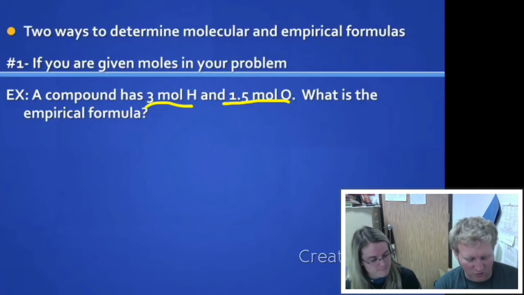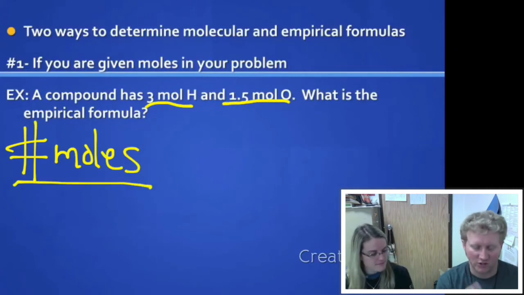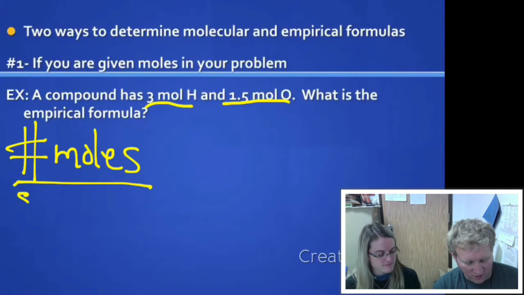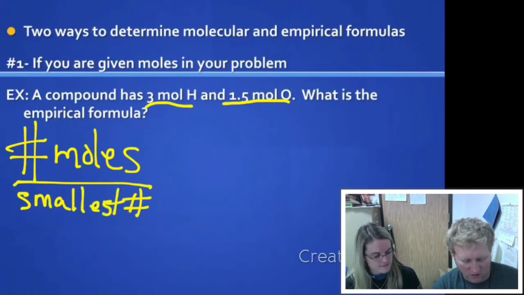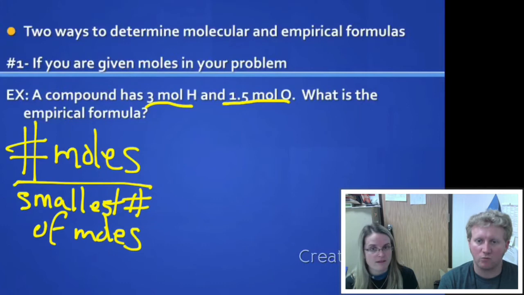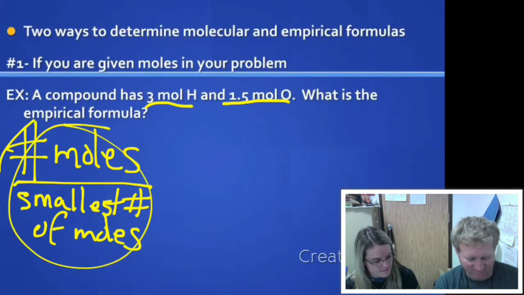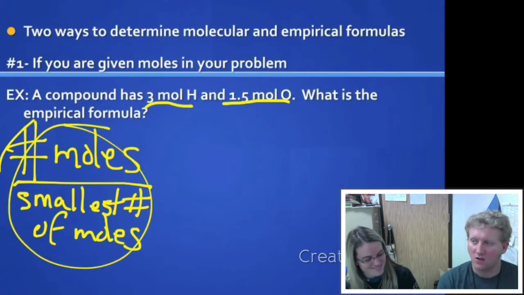We want to take the number of moles over the smallest number of moles. You should probably write this down. We want to do this little process for all of the mole numbers that we get.